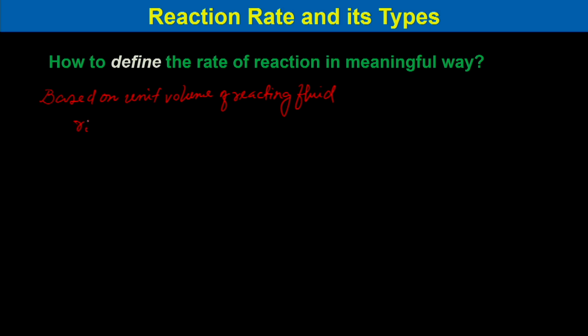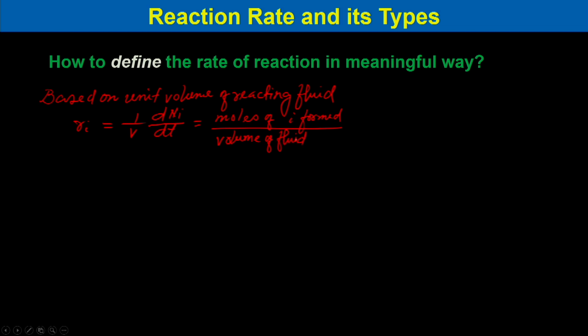That is, r_i, the rate of reaction, is equal to 1 by V d N_i by dt, that is, moles of i formed divided by volume of fluid into time.